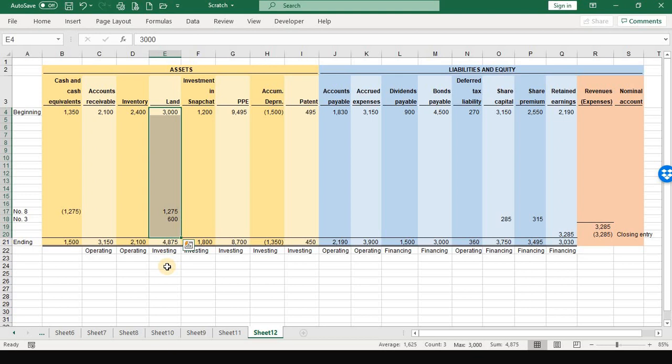Let's go to investment in Snapchat. The investment in Snapchat has a beginning balance of 1,200 and an ending balance of 1,800. Let's check if there are additional transactions that will affect the investment in Snapchat account.